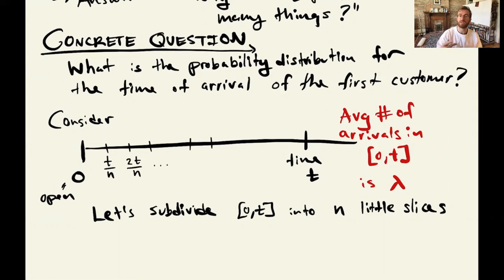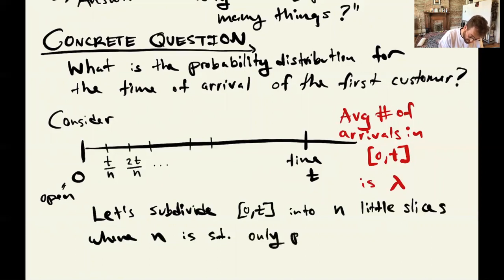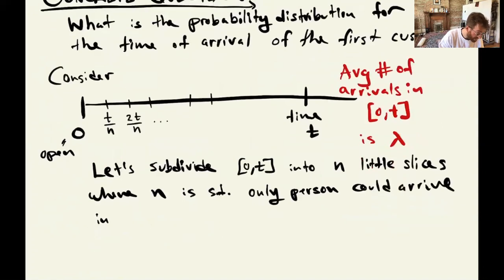And we're doing that so that we can get at the number of customers in n little slices, where n is such that only one person could arrive in a slice of time that looks like t times i over n to t times, let's say, i plus 1 over n.